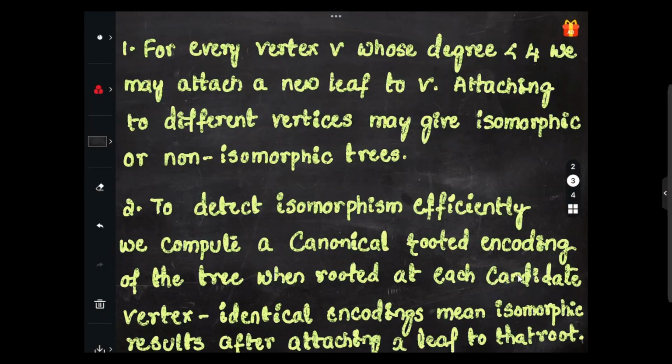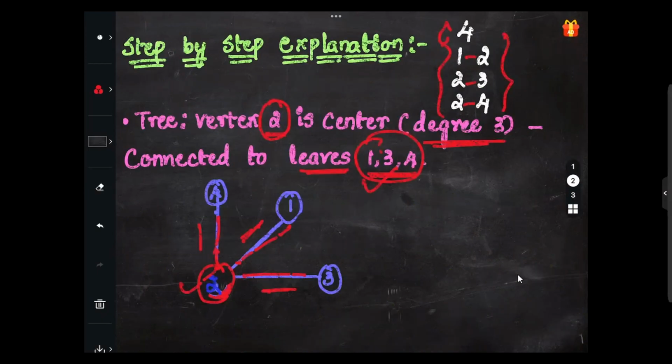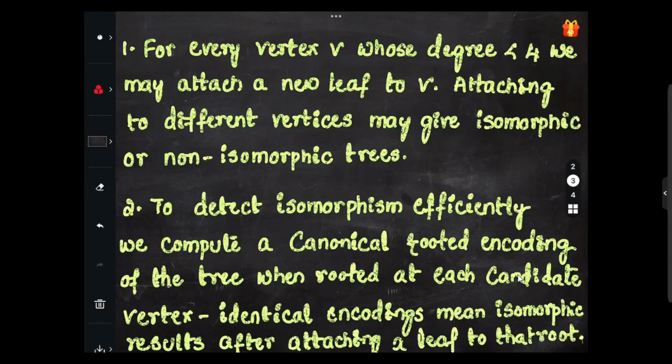Every vertex has a degree less than 4. Vertex 2 has degree 3, and all the others, 1, 3, and 4, have degree 1.